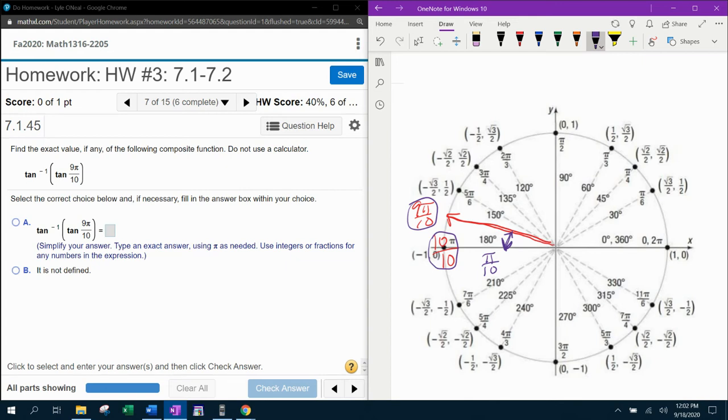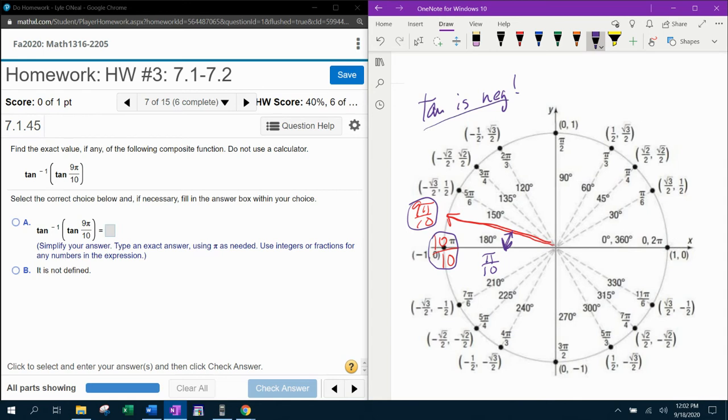Now we need to consider the sign. In the second quadrant, we know that tangent is negative because if you do y divided by x, you're going to have a positive divided by a negative. So tangent is going to be negative, okay?